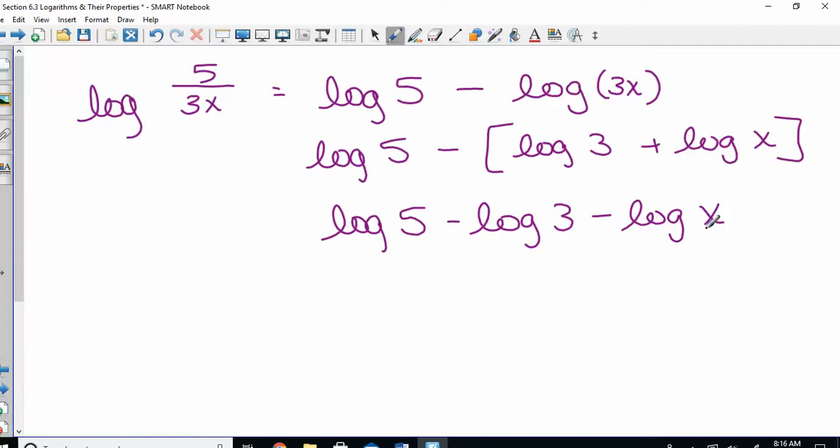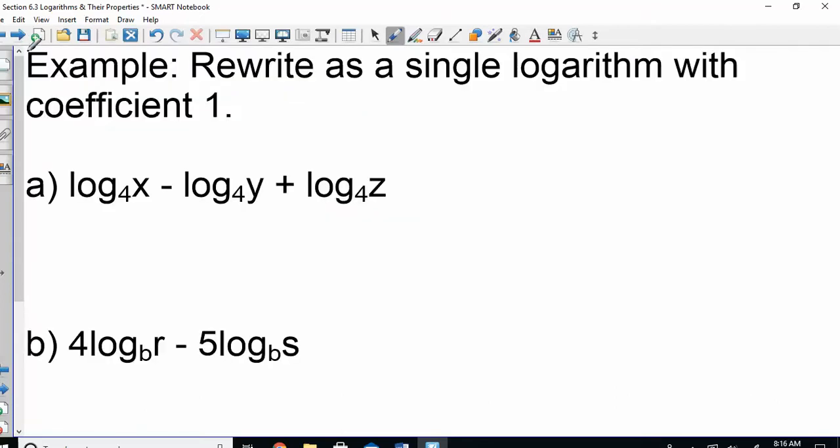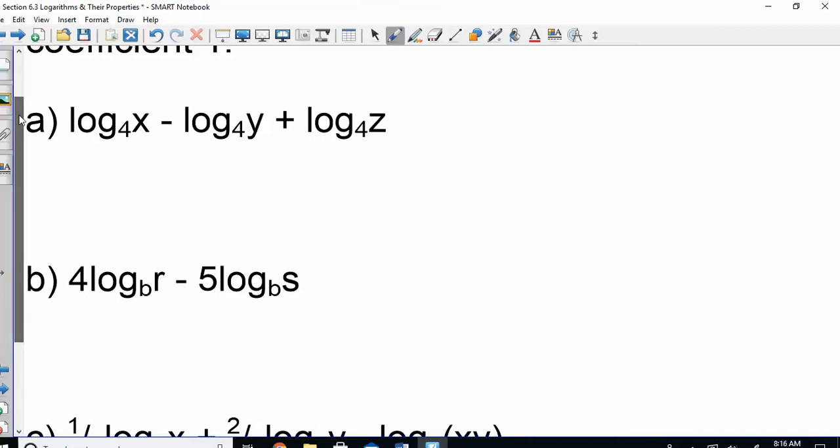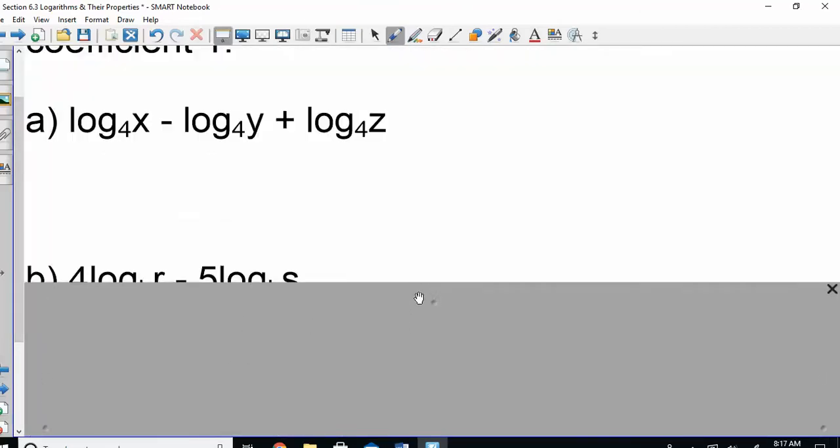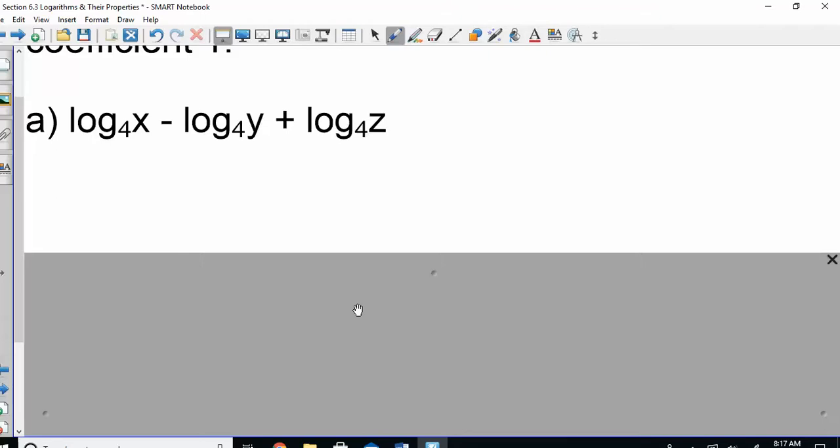Anything else? Let's go the other direction. So I'm going to give you the one that's all split apart and you're going to try to put it back together. So our final answer should only have one log on it.